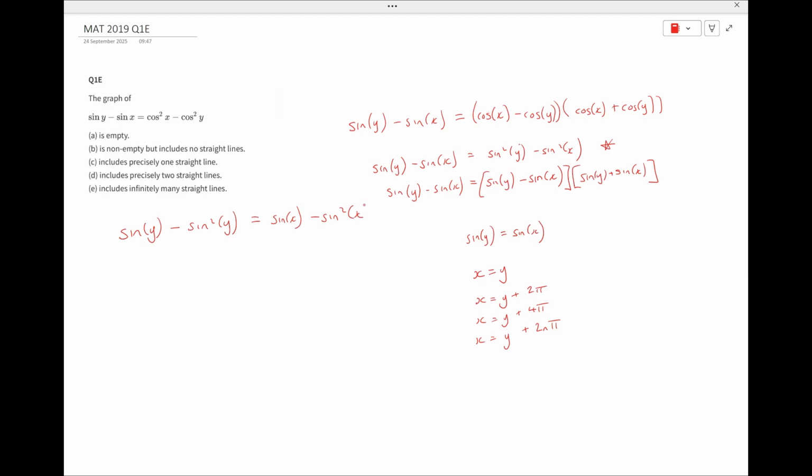So clearly x equals y is a solution to that. And then again, by the periodicity, we've got infinitely many solutions. So they're almost equivalent to what I've done there. Just one of them takes the idea of sine y equals sine x definitely satisfying it, whereas here we've got the longer function.